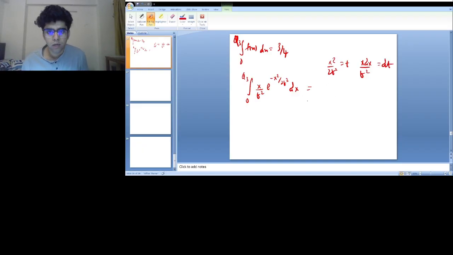So just putting it, and my t goes from 0 to q3 square by 2b square, because my x goes from 0 to q3, right?